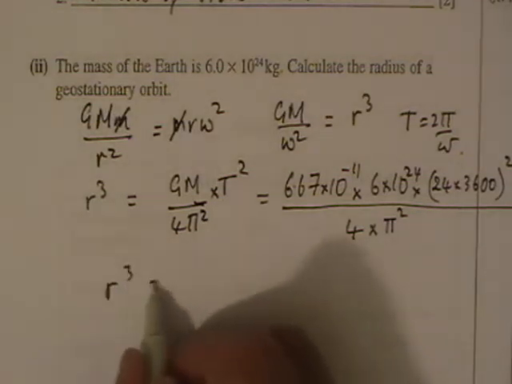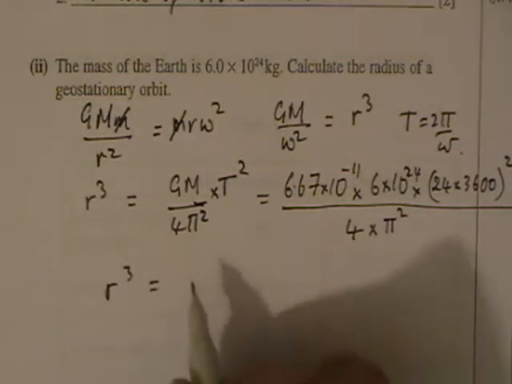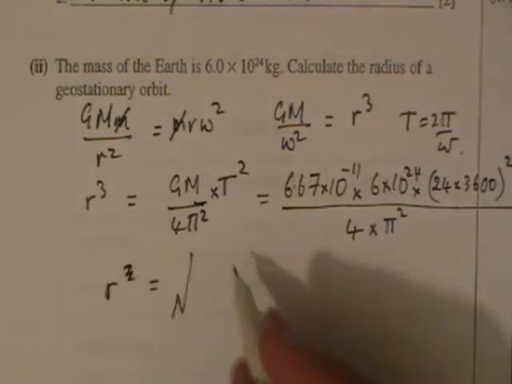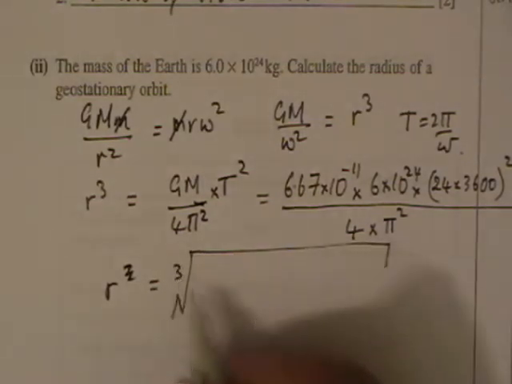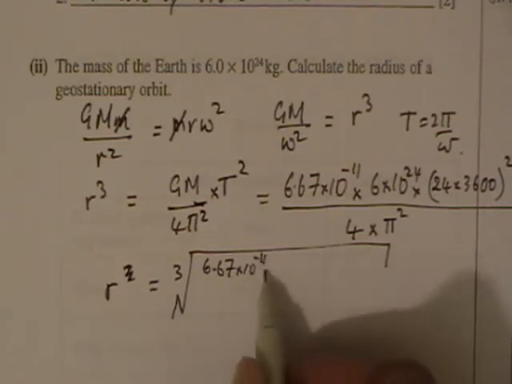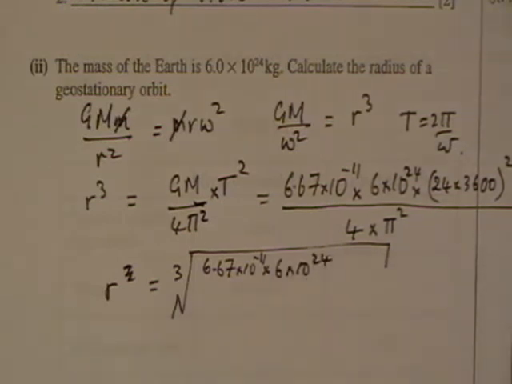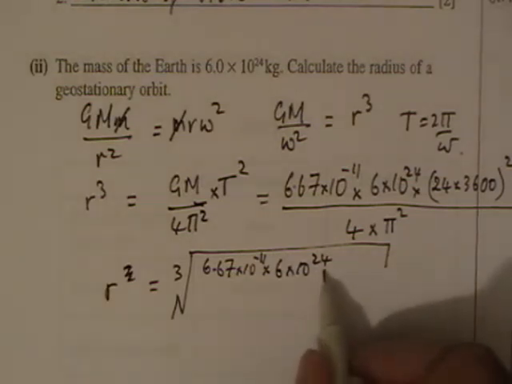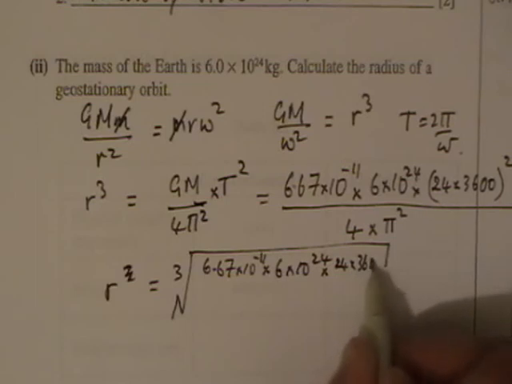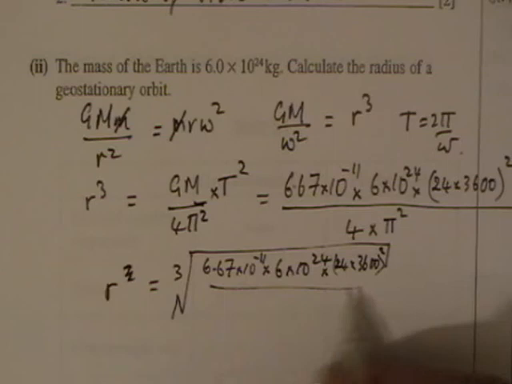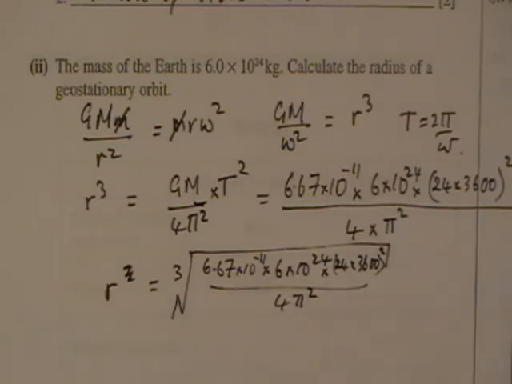So fill that in, r cubed, then r is equal to the cube root of that value, 6.67 times 10 to the minus 11 times 6 times 10 to the 24 times 24 times 3600 all squared divided by 4π squared.